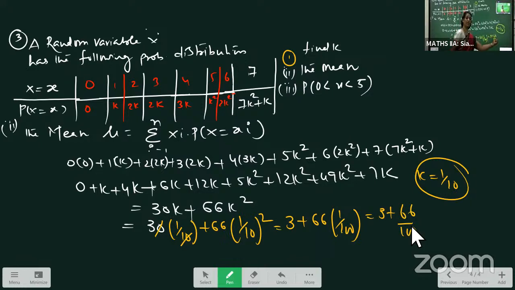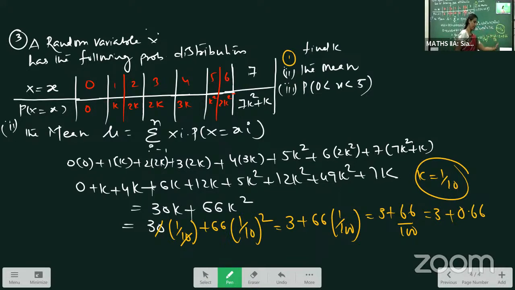Don't cancel out here, with 2 getting cancelled, 33 and 50, then doing that division will be difficult for you. So 3 plus, we can write directly, 66 by 100 means 0.66. 2 zeros are there, so the point comes after 2 places.